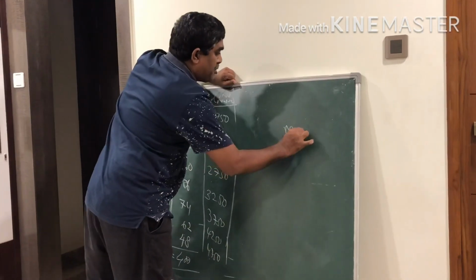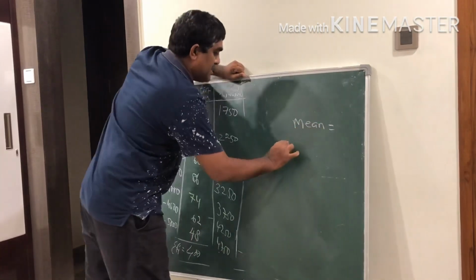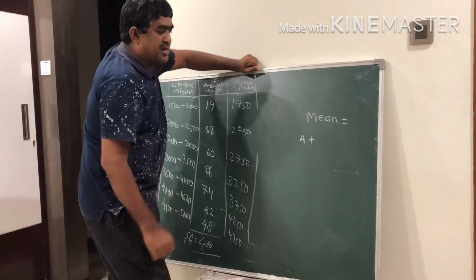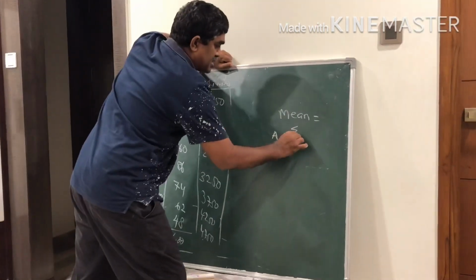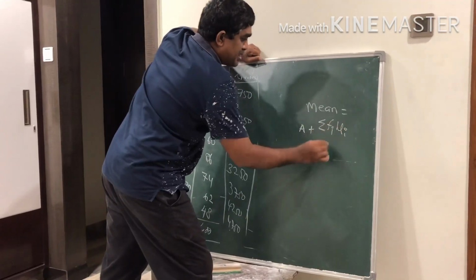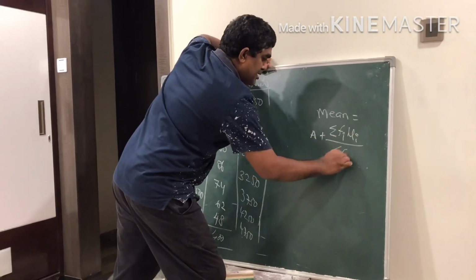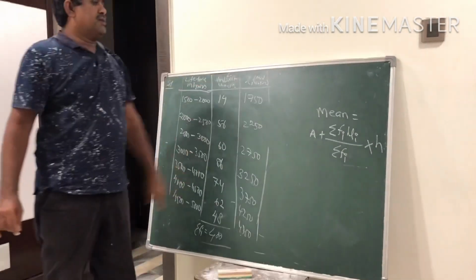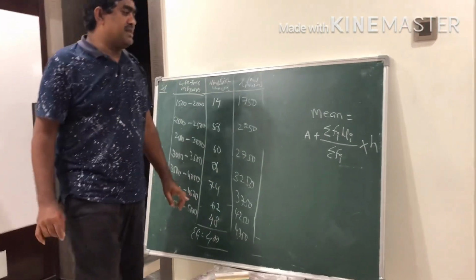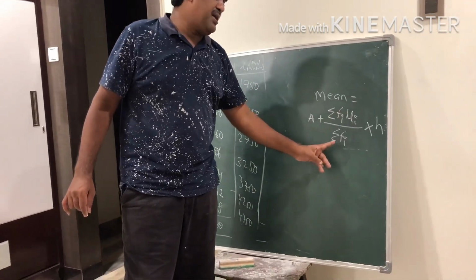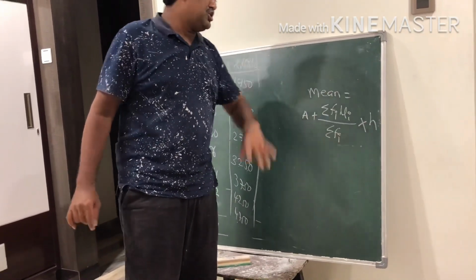The formula for mean in the deviation method is A plus sigma fi mu i by sigma fi into h.